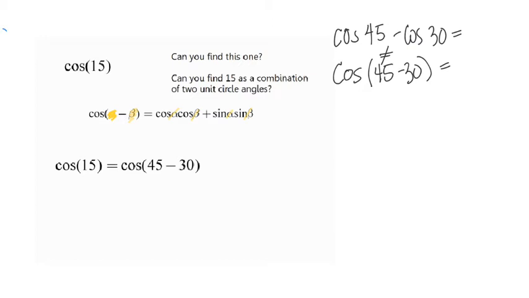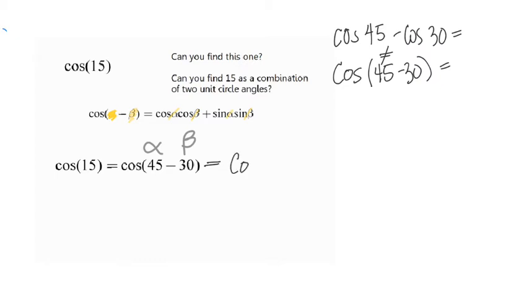And that means if you take, for example, 45 minus 30, because 15 is 45 minus 30, this is your alpha and this is your beta. So when I take 45 minus 30, I get 15, and I want to know the cosine of 15. So you are going to follow this formula, but you also need your unit circle.